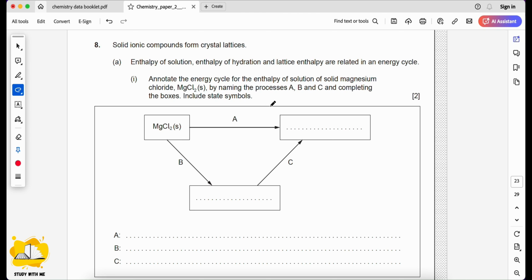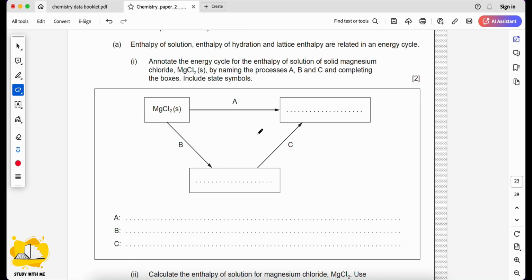Solid ionic compounds form a crystal lattice. Enthalpies of solution, hydration, and lattice enthalpy are related in an energy cycle. Annotate the energy cycle for the enthalpy of solution of solid magnesium chloride by naming the process.